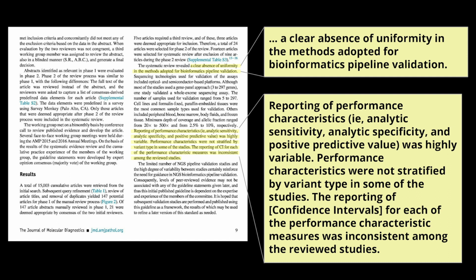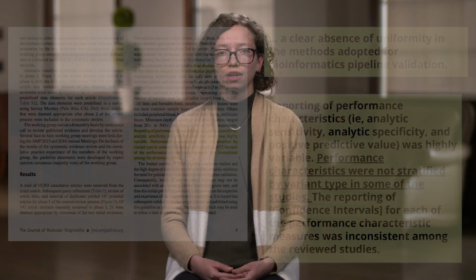But let's focus on the finding that performance characteristics were not stratified by variant type in some of the studies. What does this idea of variant type mean for hereditary cancer tests? As it turns out, some pathogenic variant types are easy to detect with next-gen sequencing, and other pathogenic variant types are hard to detect.